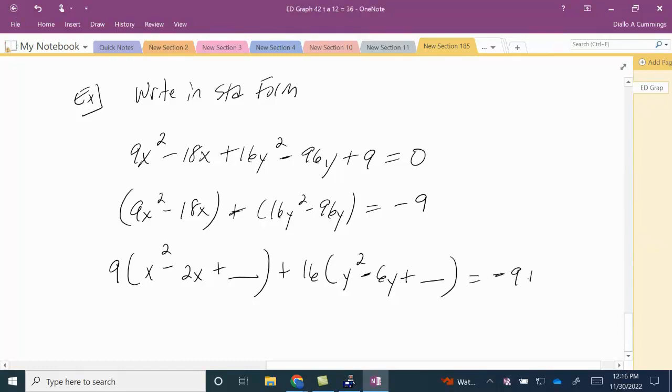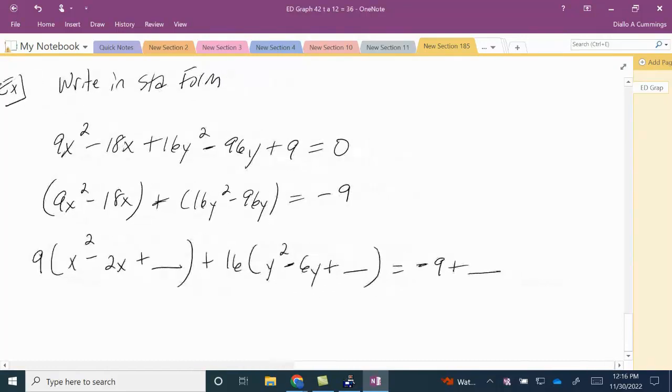That's equal to -9 plus some constant plus another constant. The reason for the blanks on the right-hand side is because what we add to one side, we must also add to the other side.